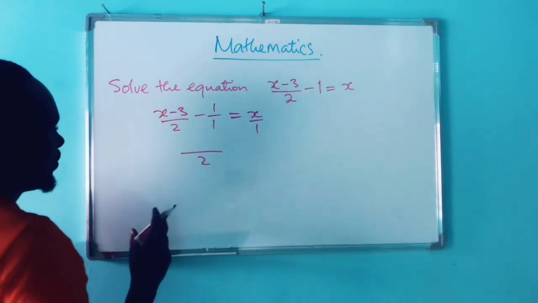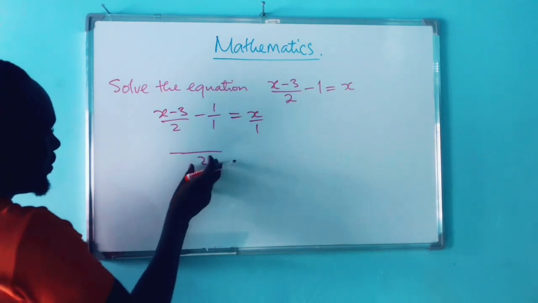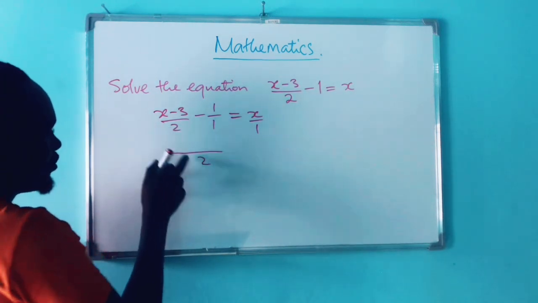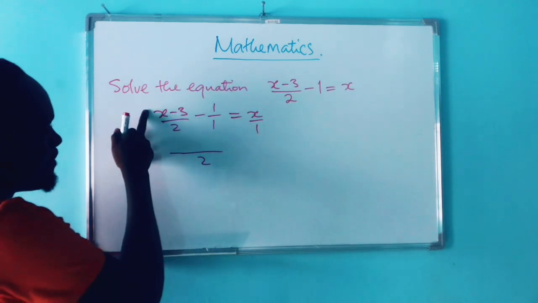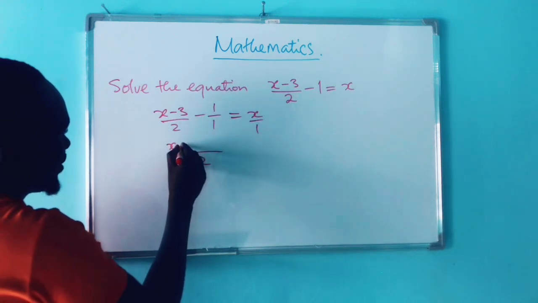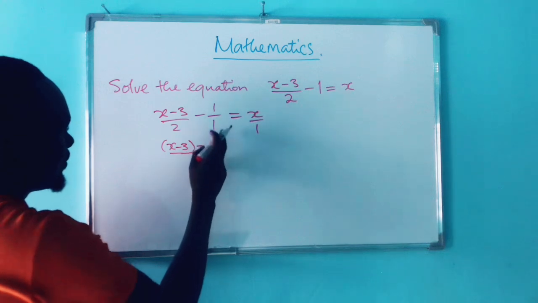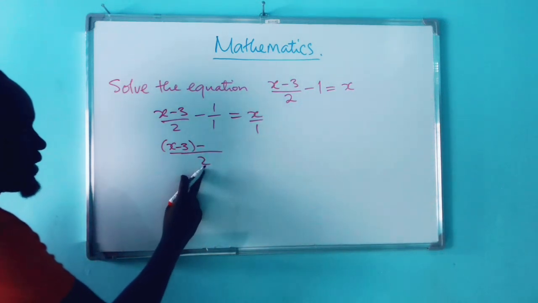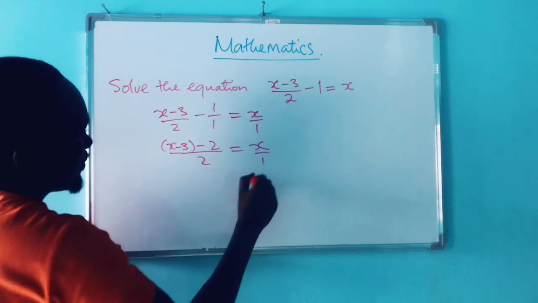Now that we have the lowest common denominator, we can divide. We divide 2 into 2, it goes in there one time. So 1 times x minus 3, we get x minus 3. Then minus 1: 2 goes into 2 one time, so we get 2 here, and that should equal x over 1.